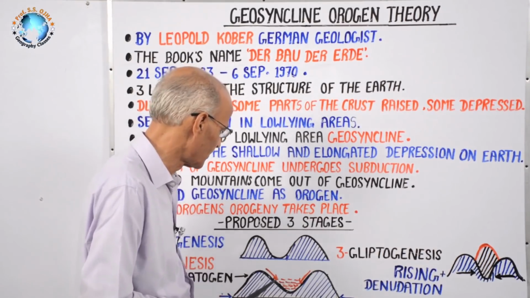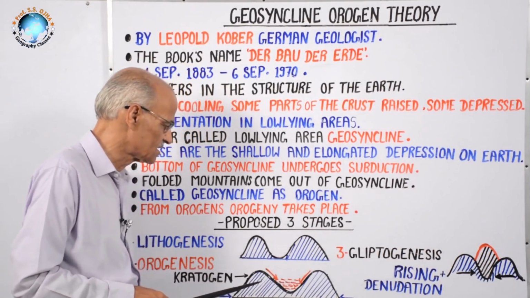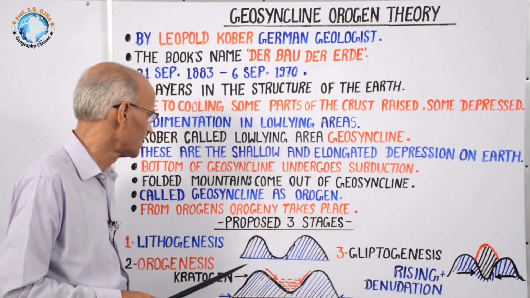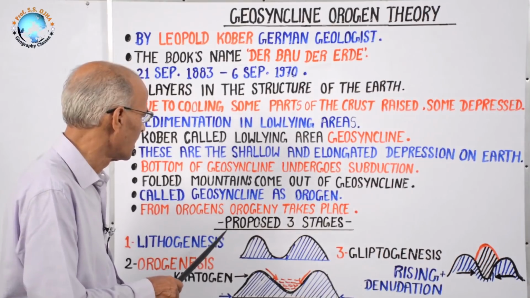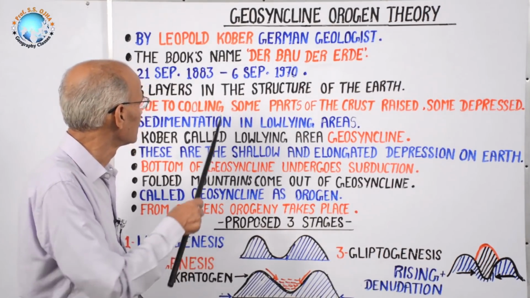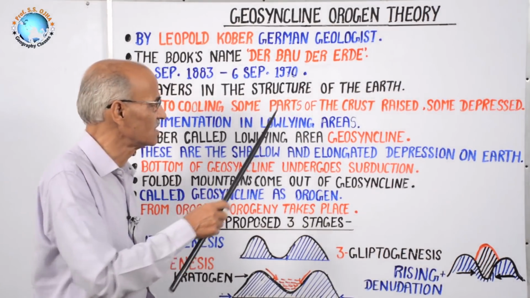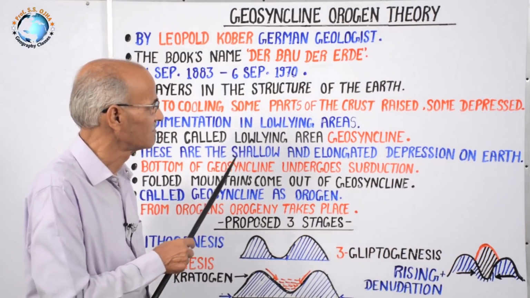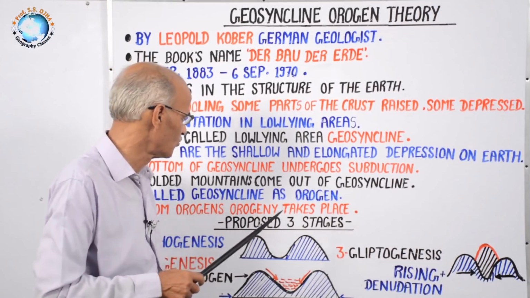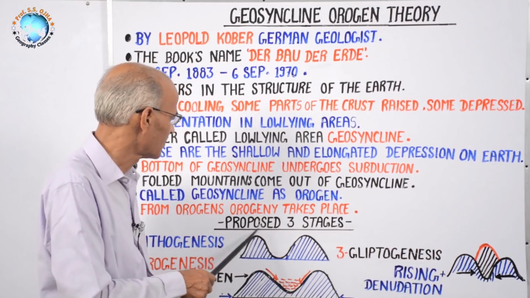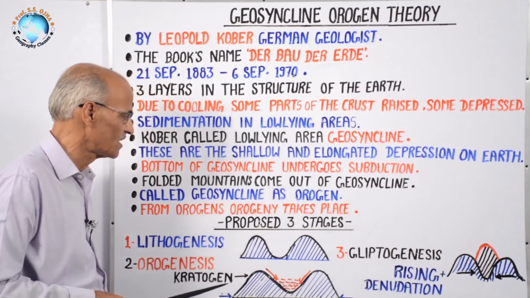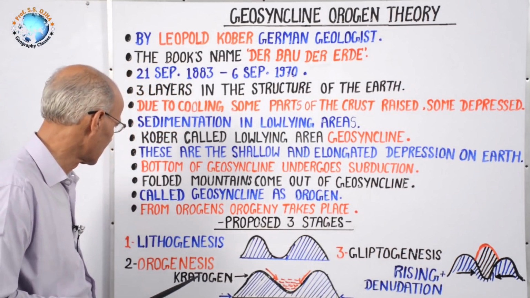It is folded mountain. So he elaborated the origin of folded mountains in the world, and he supposed that there are three parts in the earth, and the upper, meaning Sial, shrank due to cooling, and he proposed three stages of the origin of mountains out of geosynclines.